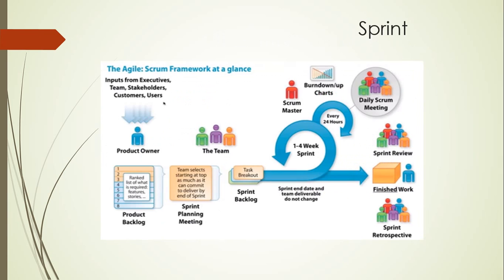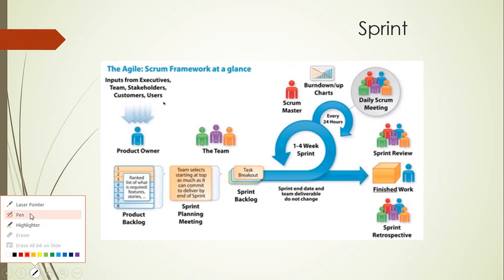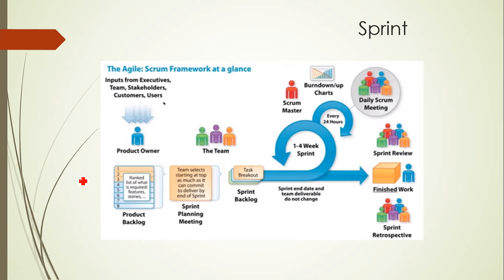This is a Scrum machine, and these are the activities performed throughout the sprint. Here are the three main roles: product owner, development team, and Scrum Master. I'll just quickly give an overview of the Scrum framework.